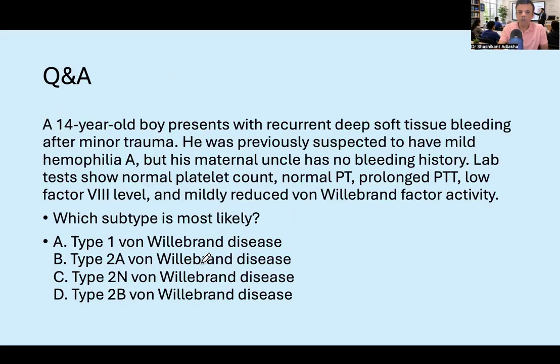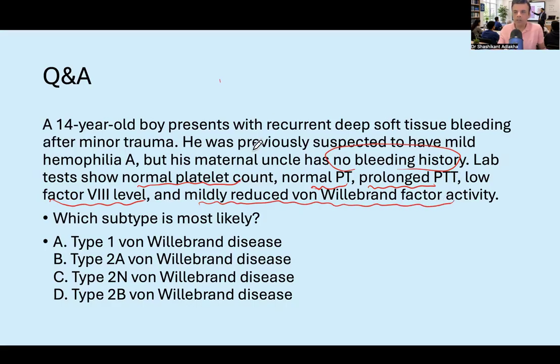So now let's do a clinical question. A 14-year-old boy presents with recurrent deep soft tissue bleeding, and he was previously suspected to have mild hemophilia A, but the maternal uncle has no bleeding history. The tests show a normal platelet count and normal PT, prolonged PTT, low factor 8 level, and mildly reduced von Willebrand factor activity.